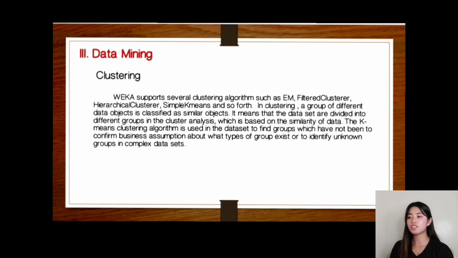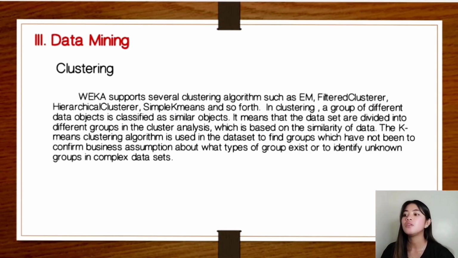So what is clustering? Clustering in WEKA supports several clustering algorithms such as EM, filtered clusterer, hierarchical clusterer, simple k-means, and so forth. When clustering, a group of different data objects is classified as similar objects.